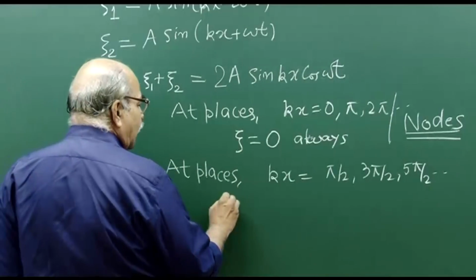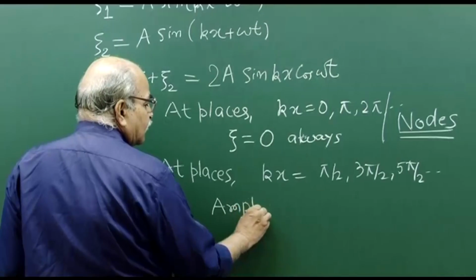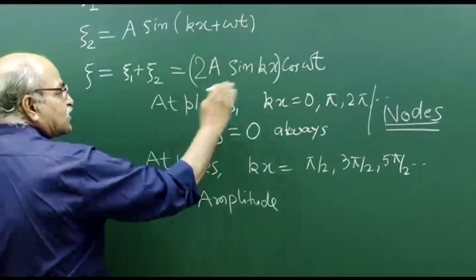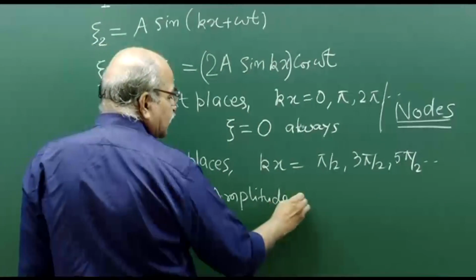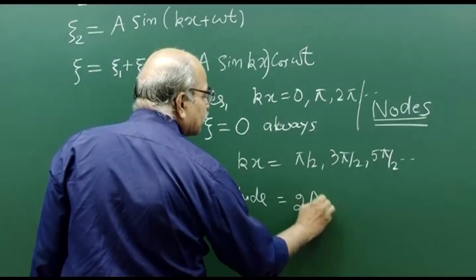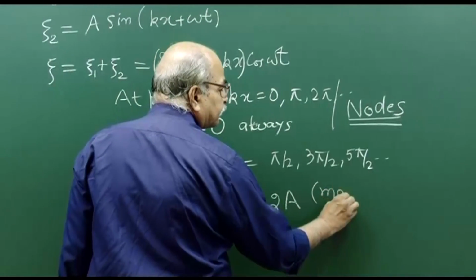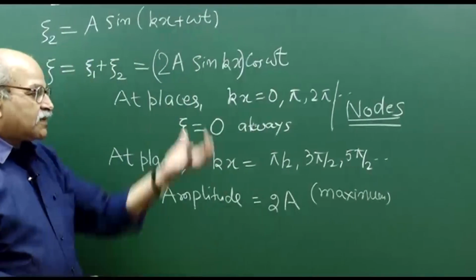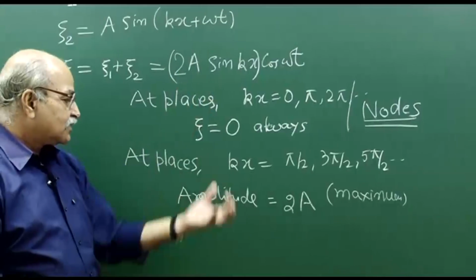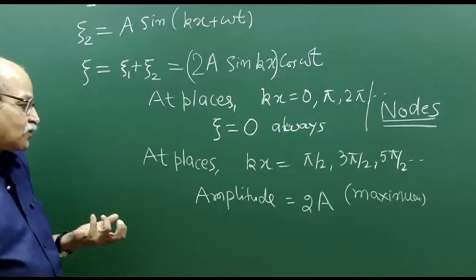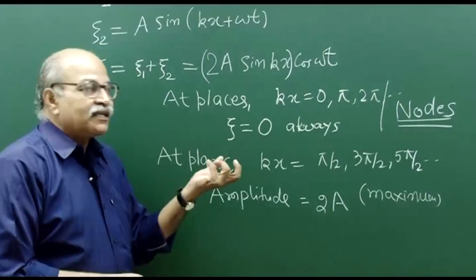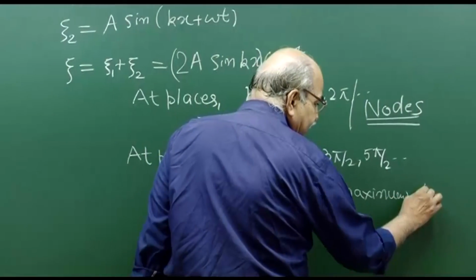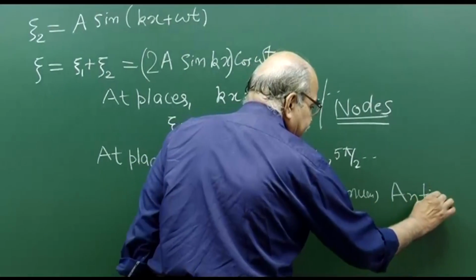So, here the amplitude of oscillation, this is the amplitude, this cos omega t is the time variation and this is the amplitude. So, this amplitude will be 2A maximum. So, at certain positions particles are vibrating with large amplitudes, at certain other positions they are not vibrating at all, in between they have smaller amplitudes and so on. So, these maximum amplitude positions, they are known as antinodes.